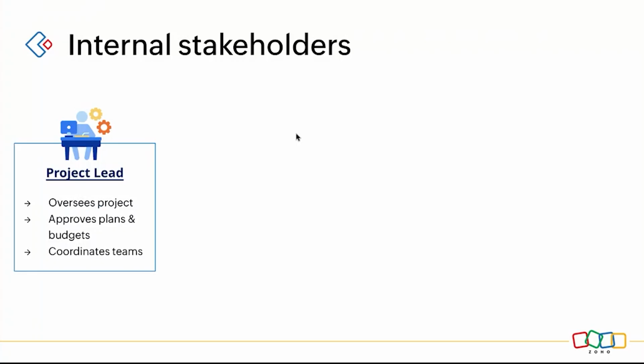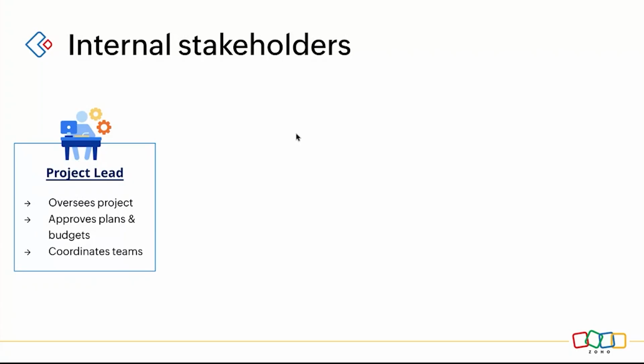In this construction management, we have a few internal stakeholders and a few external stakeholders managed within the application. The first stakeholder is the project lead, the lead or the person in charge of the entire project that is going to be initiated. He oversees the project details, and he will be the point of approval for the plan and the budget that has been estimated by the planner. He coordinates with the entire team from the initiation of the project to closure.